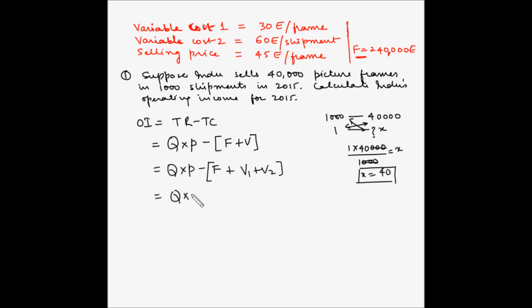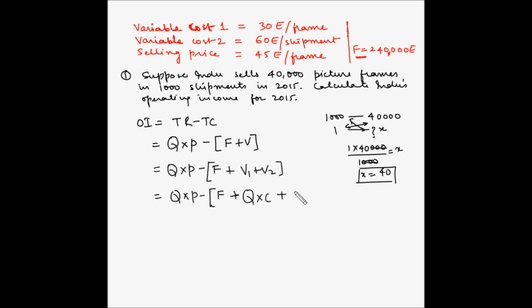Now this is Q multiplied by P minus F plus V1. Let's consider V1 as the cost of buying each frame. So this total variable cost V1 will be equal to the multiplication of the quantity that is being sold, and therefore also being bought, multiplied by the unit variable cost, plus V2, which is the cost per shipment.